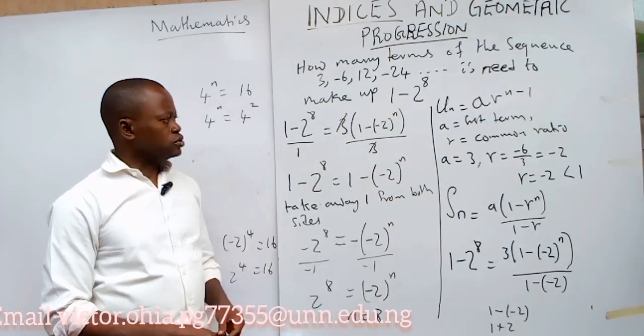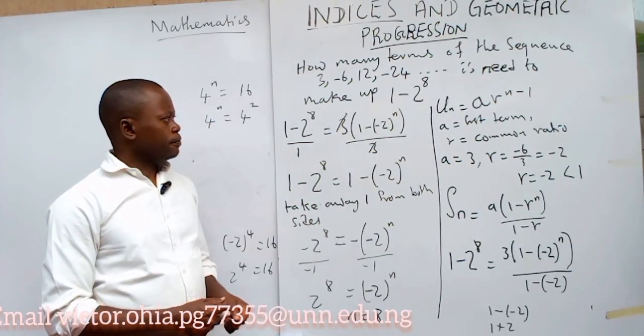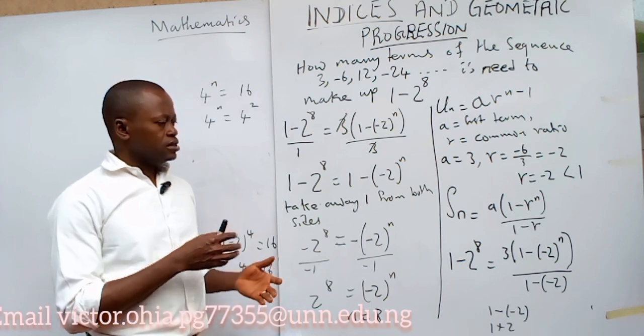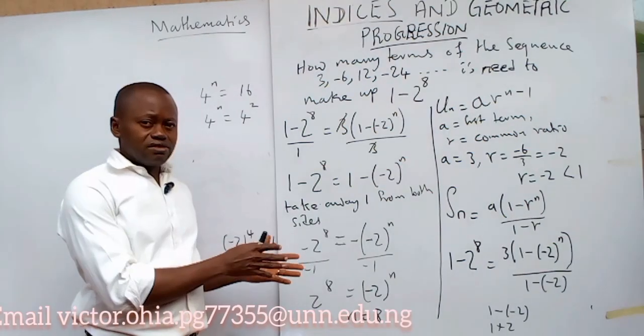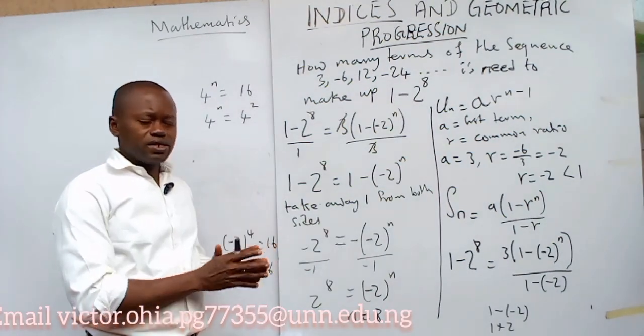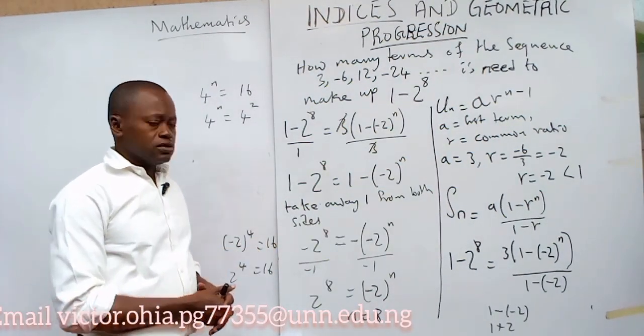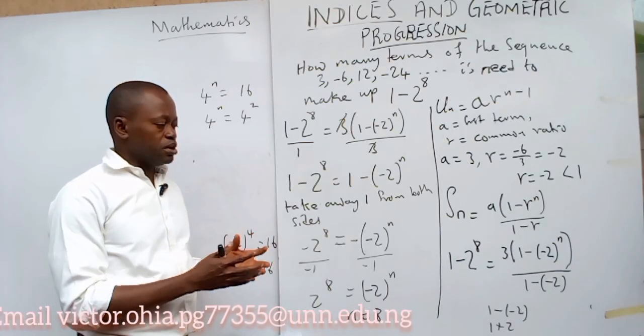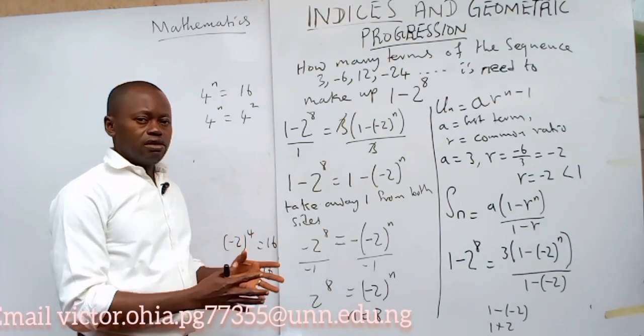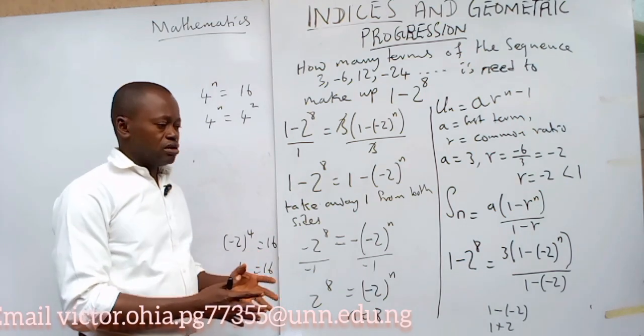So that's the conclusion. I'm sure that this link between geometric progression and indices is well explained and very clear to us, so that we can open our mind to reason in any place such application is required.